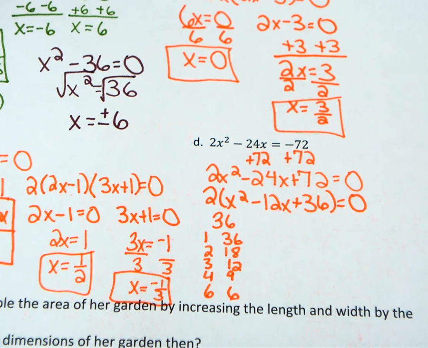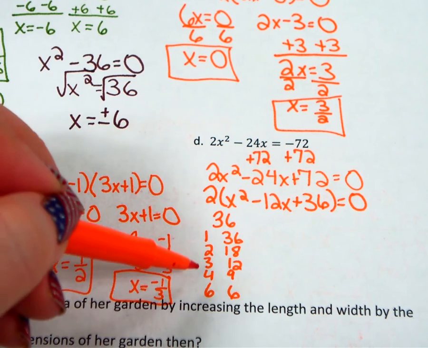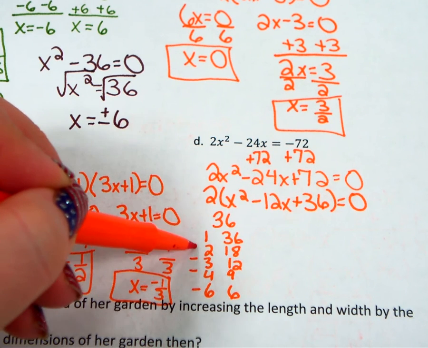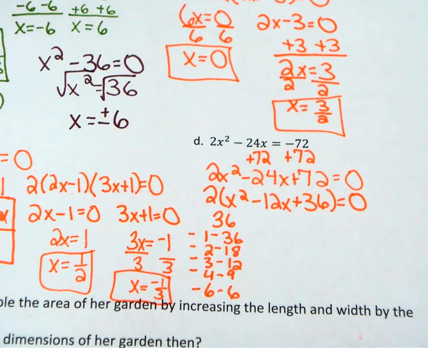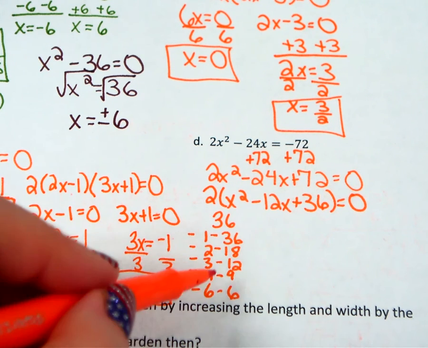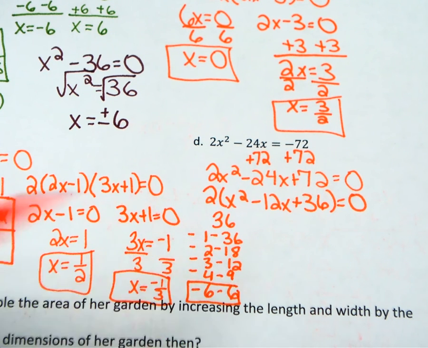The sign of my last number is positive, so I can have 2 positives or 2 negatives. The sign of my middle number is negative, so I want 2 negatives. The pair that adds to be negative 12 would be negative 6 and negative 6.